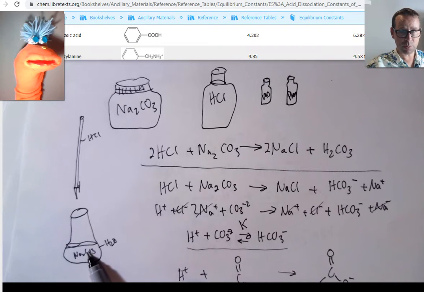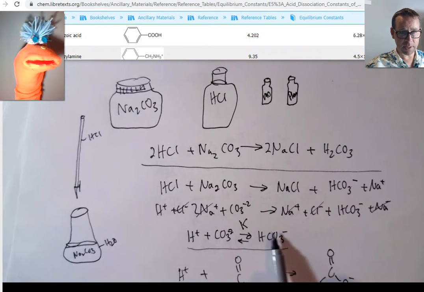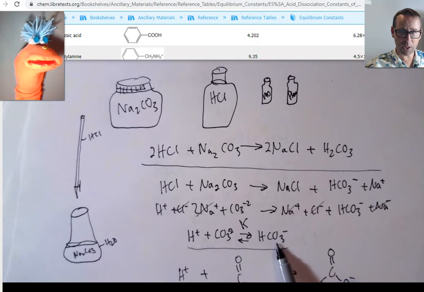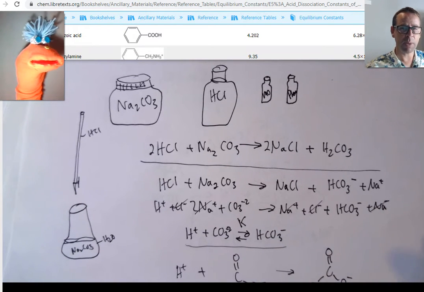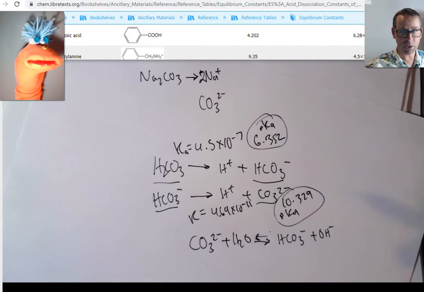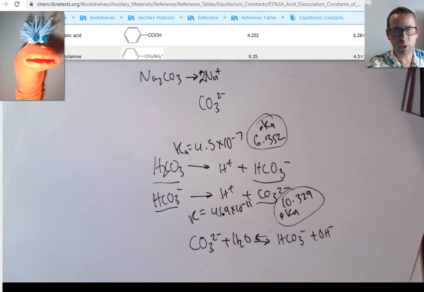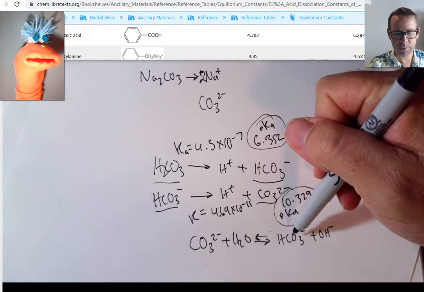When you add those protons, they will be taken up, and the resulting ion will be the bicarbonate ion. All right, so we have the carbonate, we're adding protons, and we get the bicarbonate ion. Now, this will occur as long as we add hydrogen ions, and when we reach 10.329, we'll be at a point where you have half carbonate and half bicarbonate, all right?